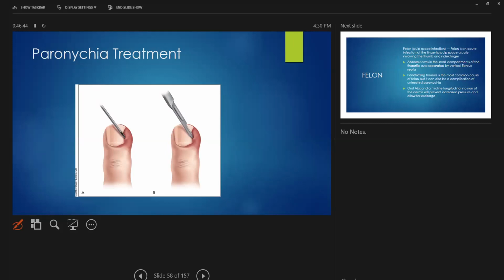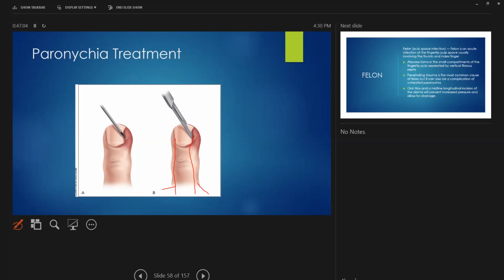So basically, however you want to do it, but generally you do a digital block here. So you put 1% lidocaine, about 2 cc's on each side, so that you numb this nerve that goes down either side of the finger. And it's the digital block.